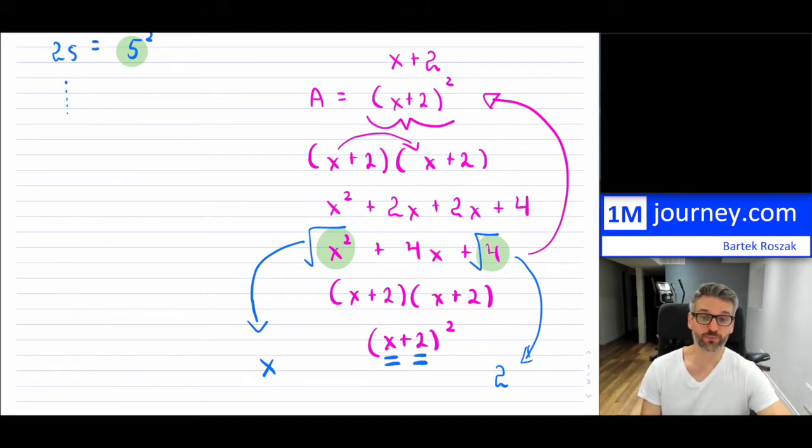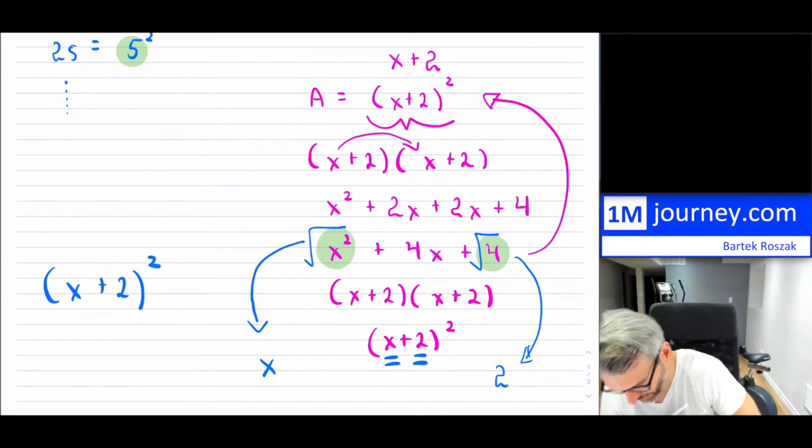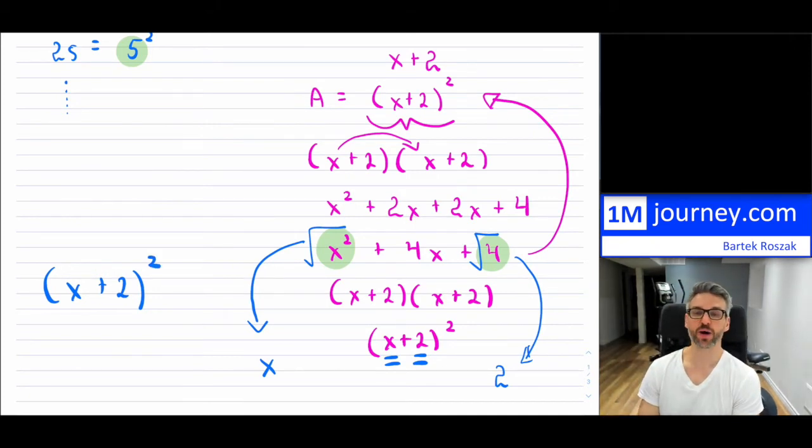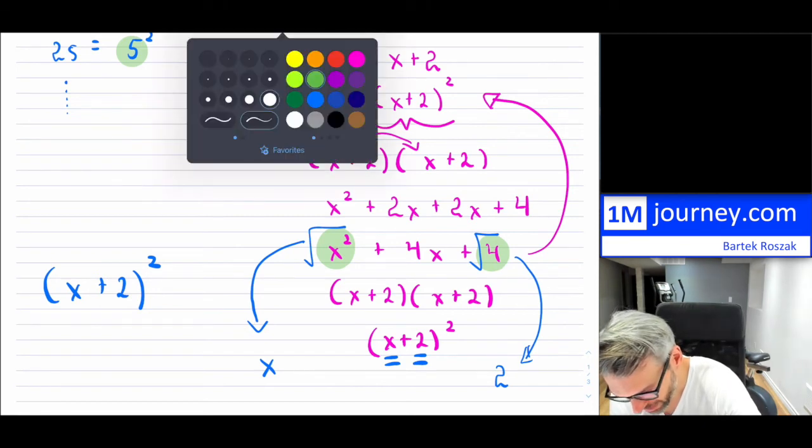So now, if you actually can take the square root and it gives you direct expressions, or direct factors, back because they're squareable, then you're going to take those two, so x plus 2. And then you can check for yourself, if I square this, what is going to happen to my middle number?